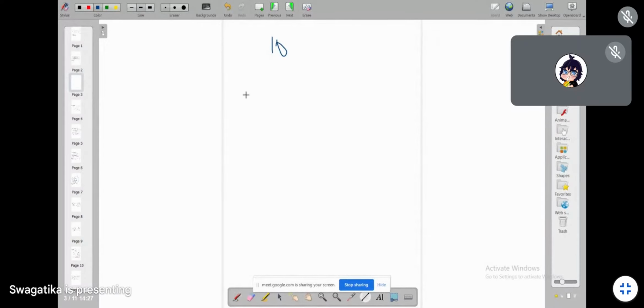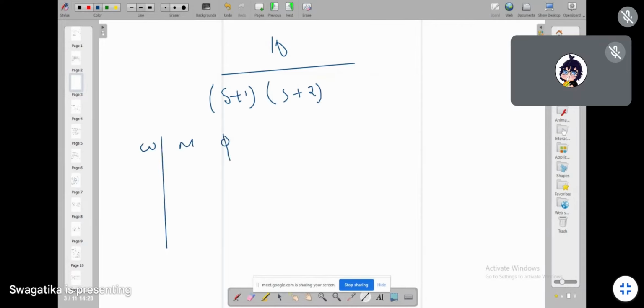Now write down another example, that is 10 divided by s plus 1 into s plus 2. Tell me what will be the magnitude and what will be the phase? S equals to j omega first, then find out the magnitude and phase.